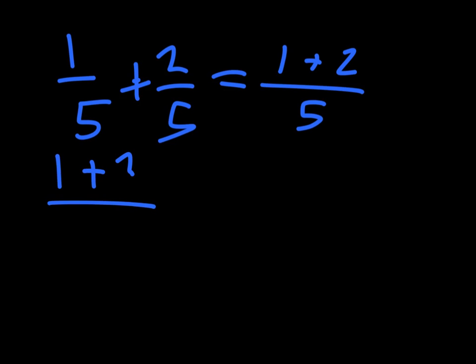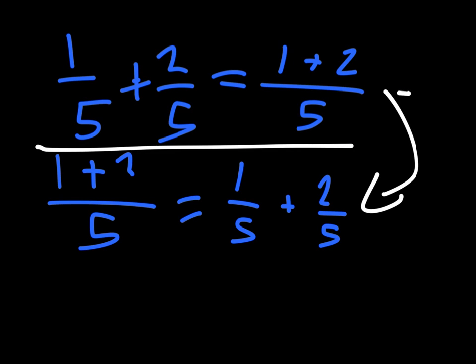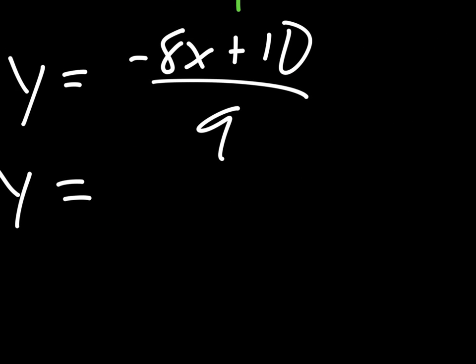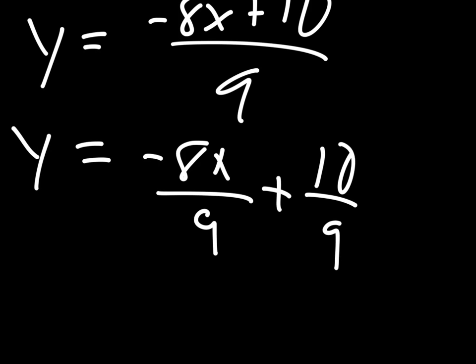If 1 plus 2 over 5 equals 1 over 5 plus 2 over 5, these two are the exact same thing. So I can split these up. So now it's negative 8 over 9 times x plus, actually what I'm going to do is do it like this: negative 8x over 9 plus 10 over 9, okay?